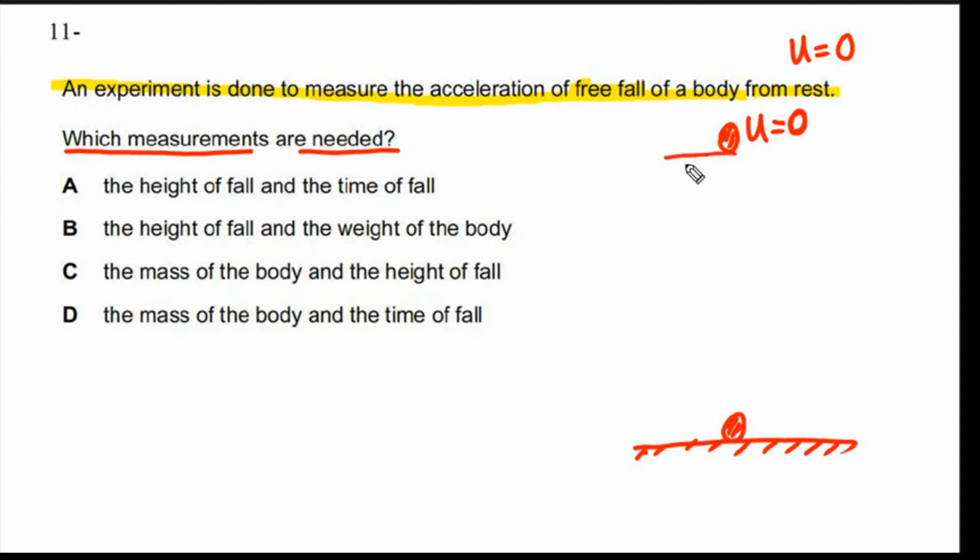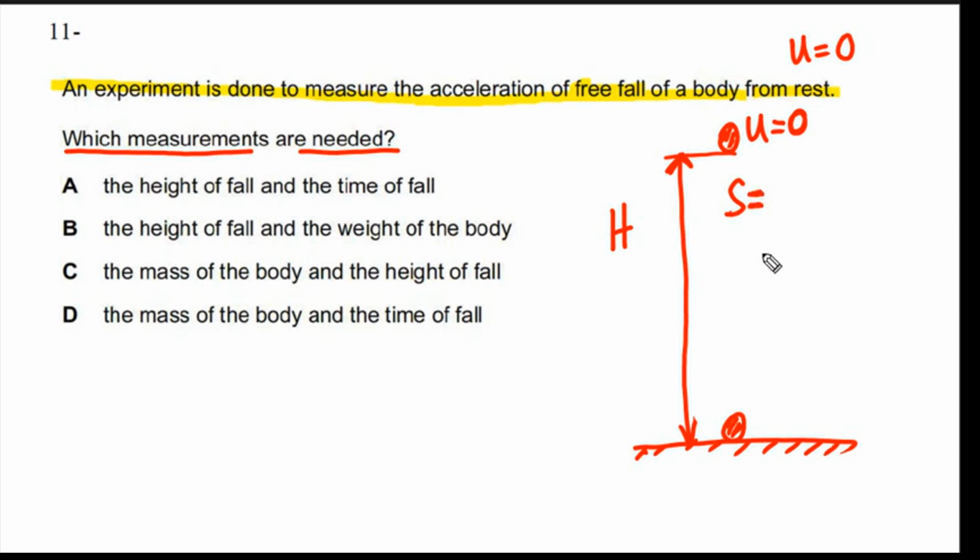One way to do this experiment is we can find this height, meaning the vertical displacement covered by this ball. I can say this is equal to h. So in this case, as we have h, we have u. We can use kinematic equations, because in this case acceleration is uniform.